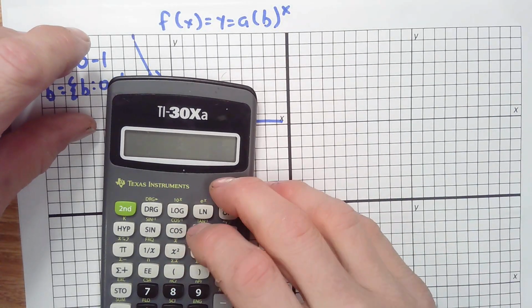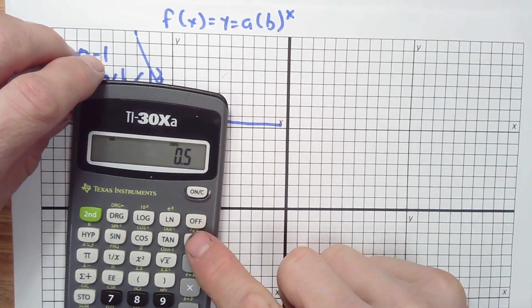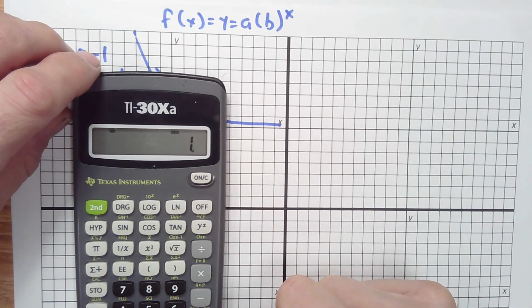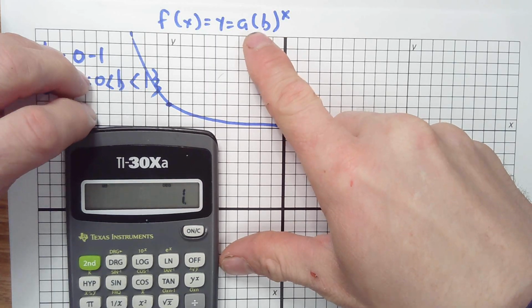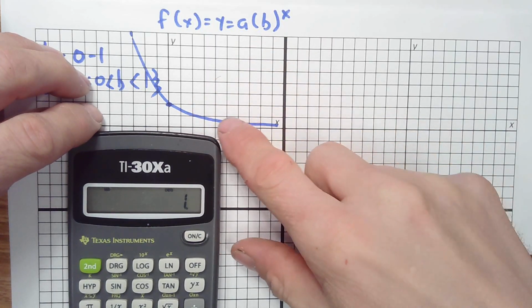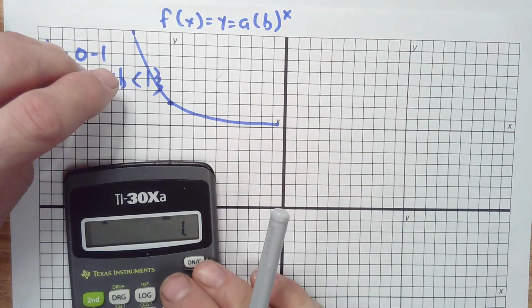So let's say that my b value ends up being 0.5. If I raise that to the 0th, like I said, it's going to be 1. So 1 times whatever a is. It's going to get smaller. I'm going to make x bigger.